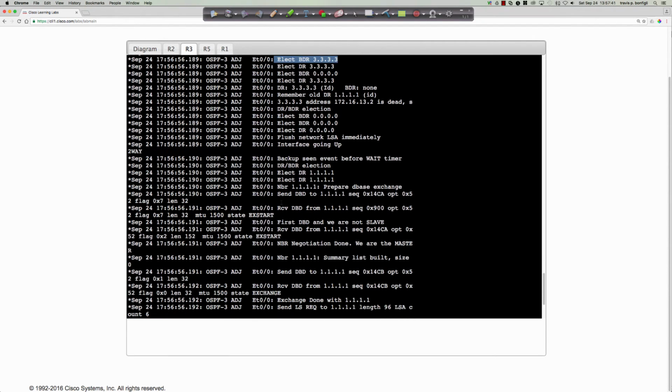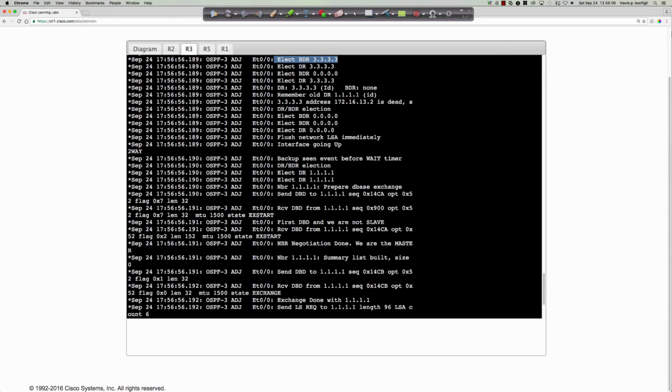Then we come down to the database descriptor packets. And remember, you've got those 5 different packet types in OSPF. You've got your hello packets that are maintaining the adjacency. You've got your database descriptor packets, which pass information back and forth about the link state database, keeping it up to date and in sync.